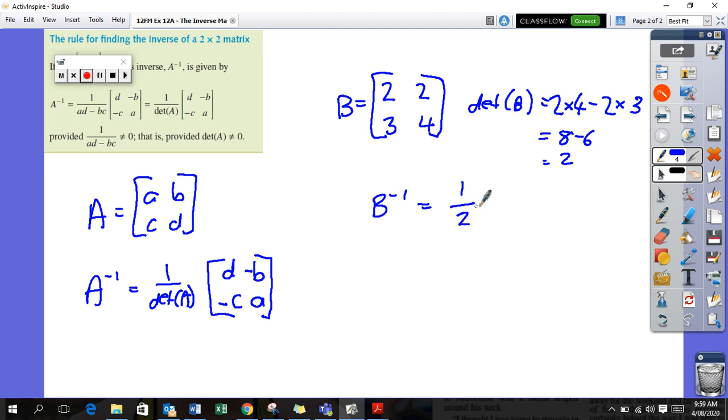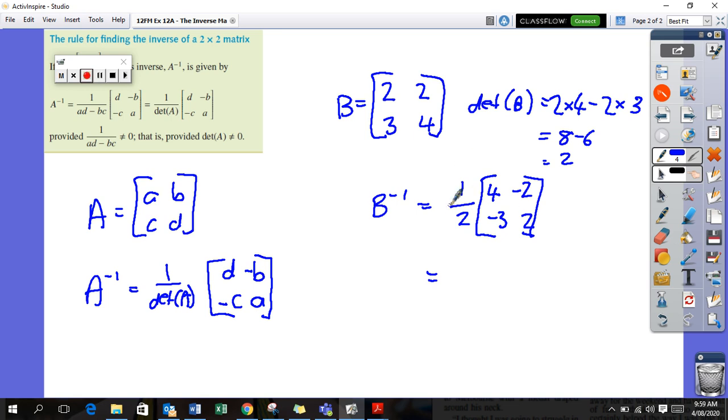So B to the power of minus 1 is going to be 1 over 2, 1 over the determinant, and then we swap these two numbers around, so we put a 4 there and a 2 there. We change the sign of these two numbers, negative 2, negative 3, and then we just expand the matrix.